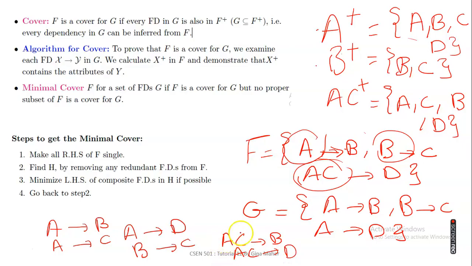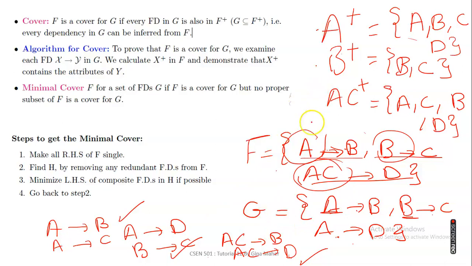Note that all the functional dependencies in F can be deduced from G, because using G, we obtained this one, which is found here, we obtained this one, which is found here, and we obtained this one. Now, we want to check the other side. We want to get the left-hand sides of G and get their closure from F to make sure that these dependencies hold here.